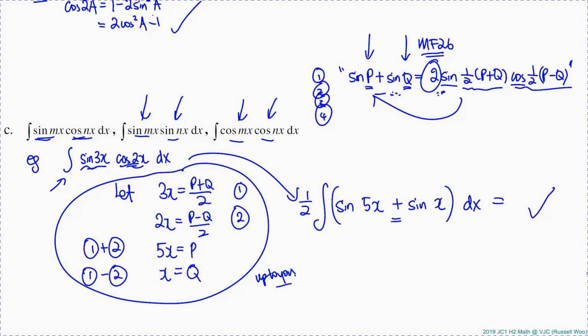You don't have to, because you always spot the pattern and you realize that this is my 5x, or rather, this is my 3x, this is my 2x. This will always be this guy plus this guy. The q will always be this guy minus this guy. This manipulation will always be the same, whether it's for line 1, 2, 3.